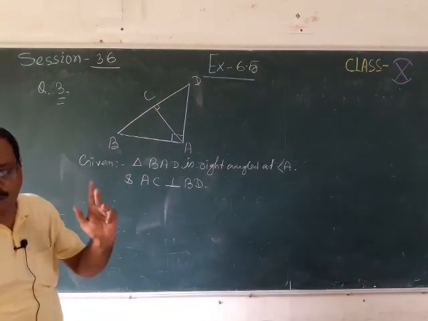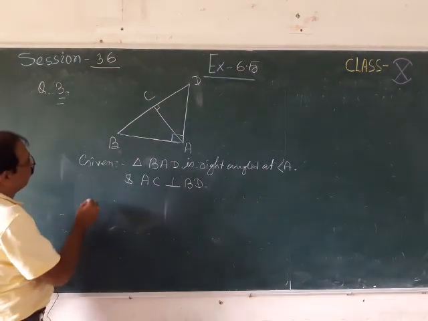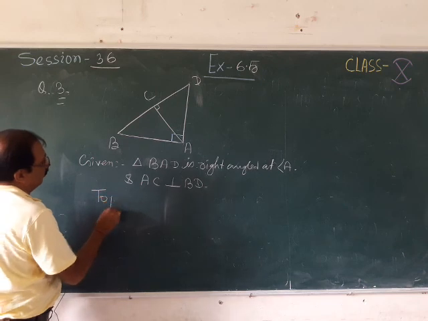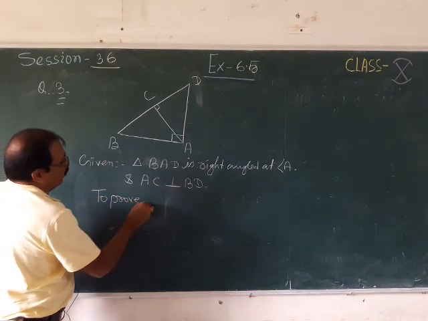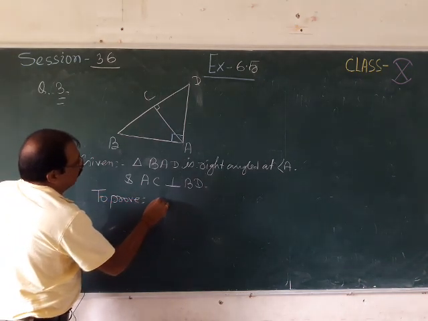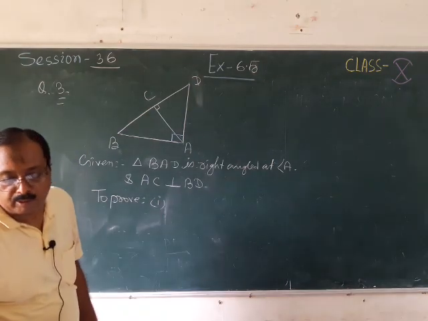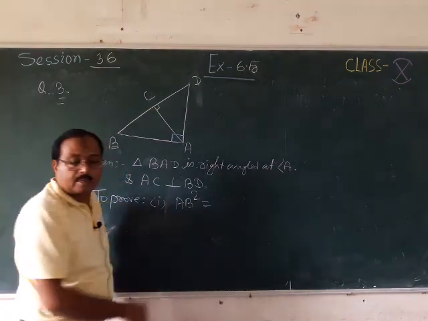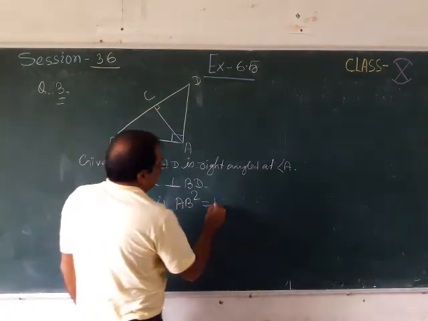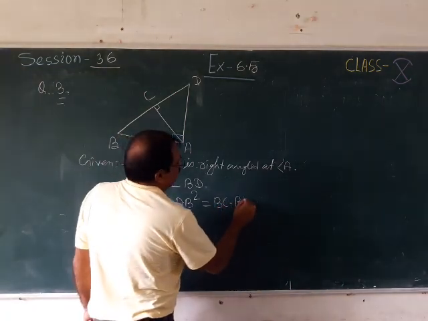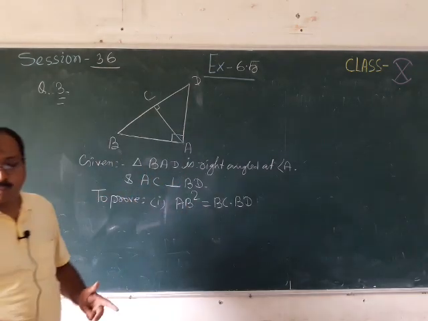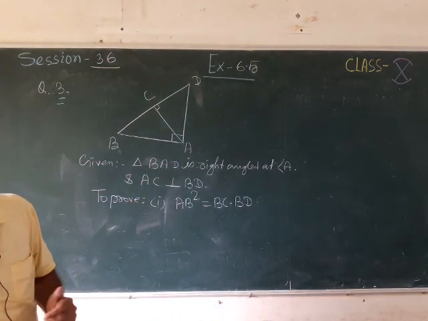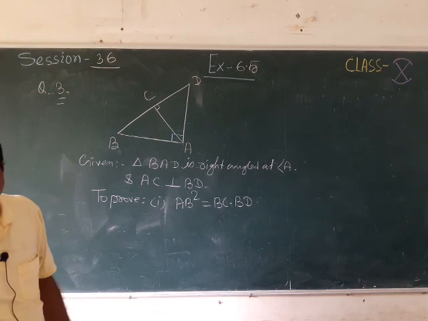It is given for all the questions. Now to prove, in the first one I have to prove many things. First, you need to prove AB square is equal to BC into BD. There are 3 questions, all the questions are very similar.